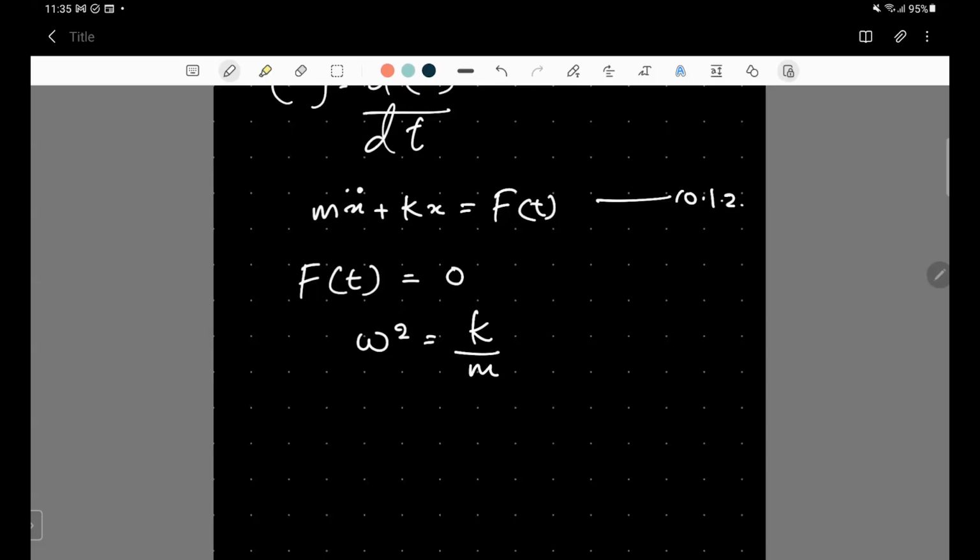So by setting the right-hand side equal to 0, we can simply write, instead of k, omega squared m. So by setting the right-hand side 0 and dividing by m, we can rearrange this equation into this format.